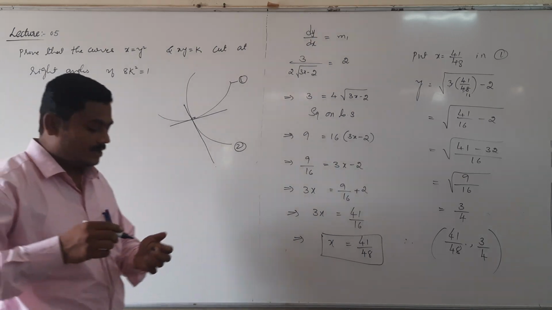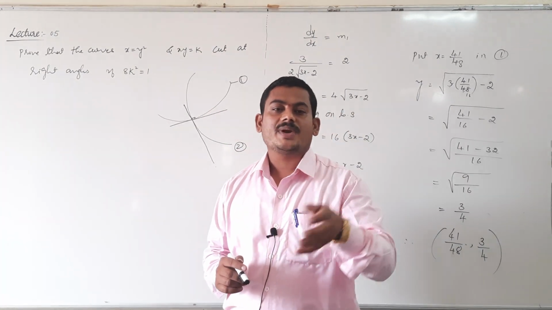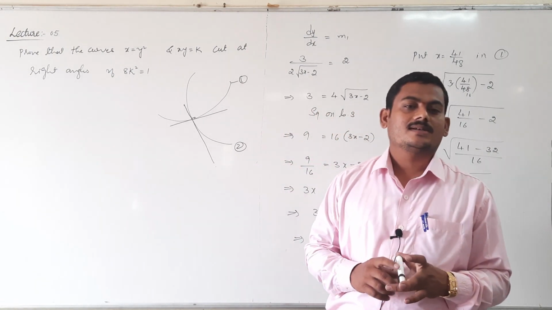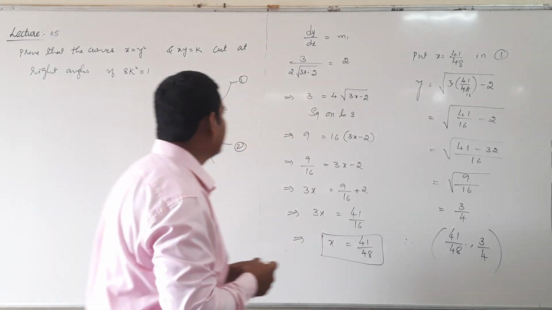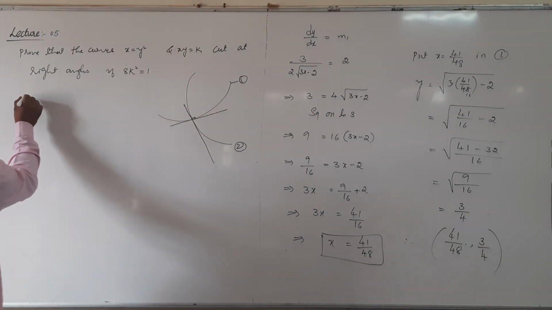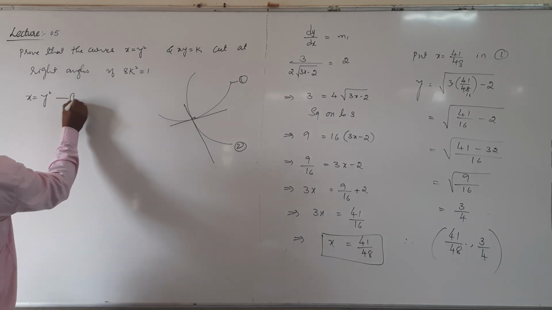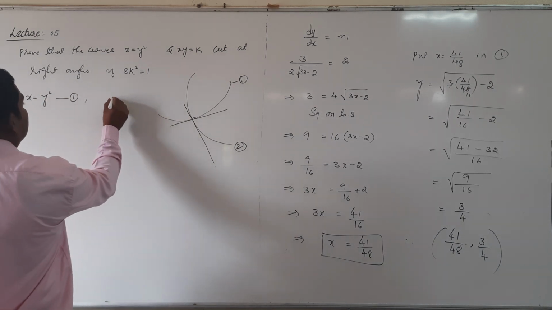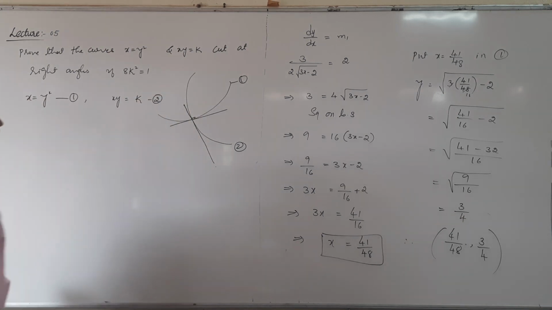Remember this point. Curves cut orthogonally or cut at right angles means curves are perpendicular, means their tangents are perpendicular. x is equal to y square, take it as first curve, and xy is equal to some constant k, take it as second curve.